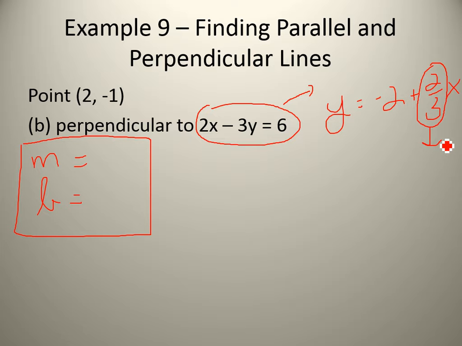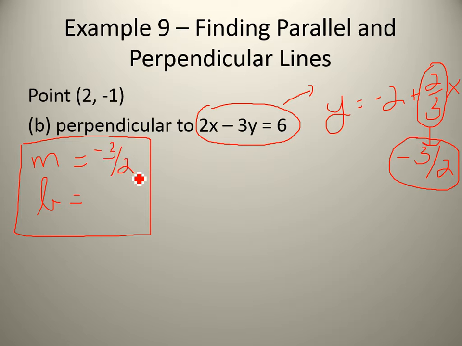So since the original slope is positive, the slope of the line that's perpendicular to this is going to be negative. So let me start with that. And then the reciprocal part, I want to take 2/3 and I'm going to make it 3/2. So this right here is the slope of the line that is perpendicular to this original line that we have. So I'm going to put that in here, -3/2.